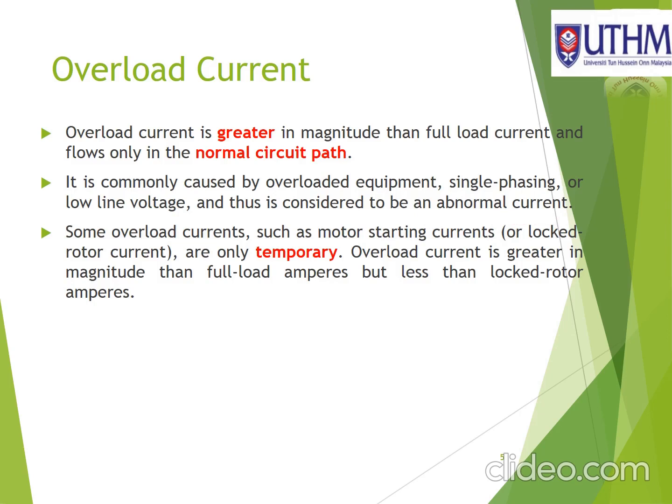Some overload current, such as motor starting current or lock rotor current, is only temporary. Overload current is greater in magnitude than full load amps but less than lock rotor amps.